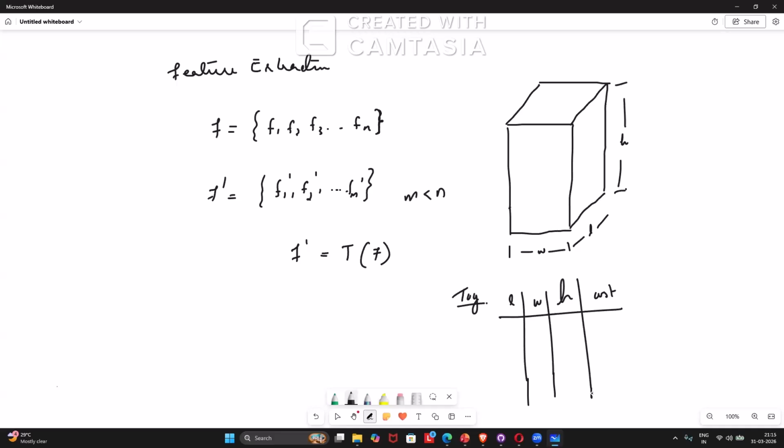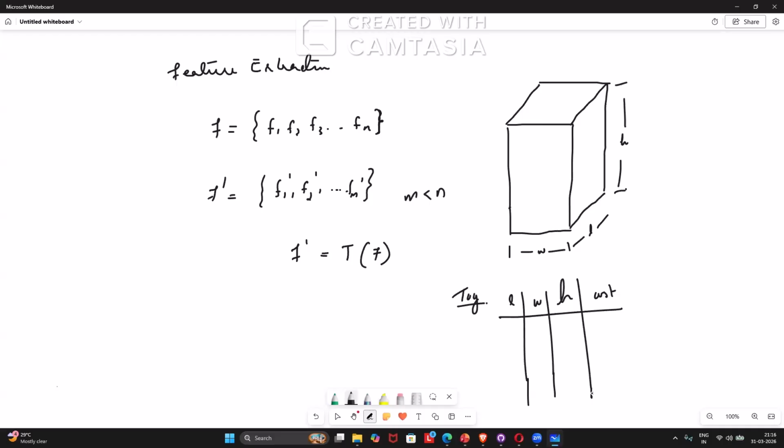And what you actually know is, as length increases, width increases, height increases, what will happen? The cost will increase, but I don't know in what way the cost is actually increasing. So there is an uncertainty, right? And still there is a hidden pattern, because the impact of L, W, H will be on what?